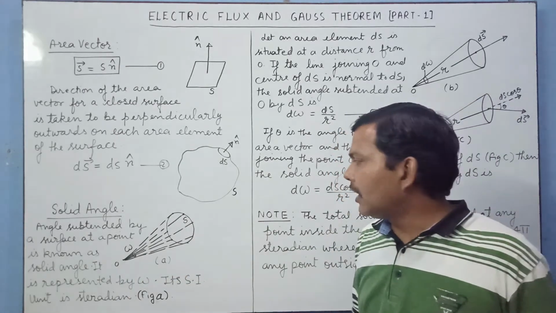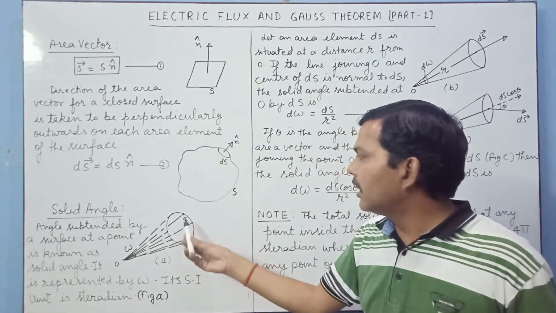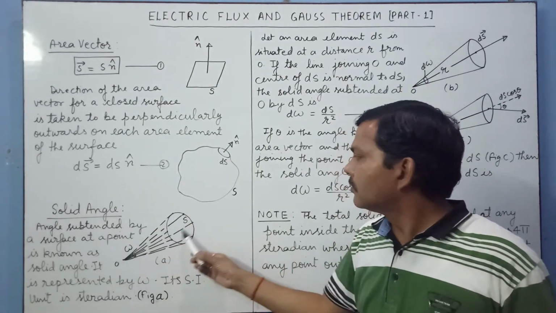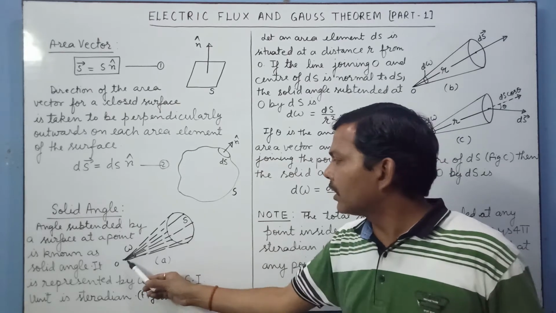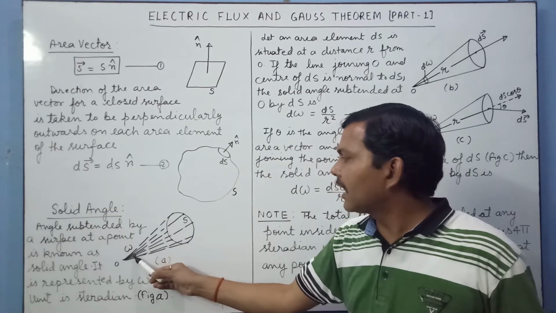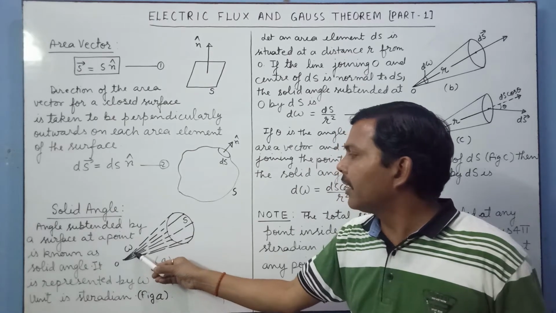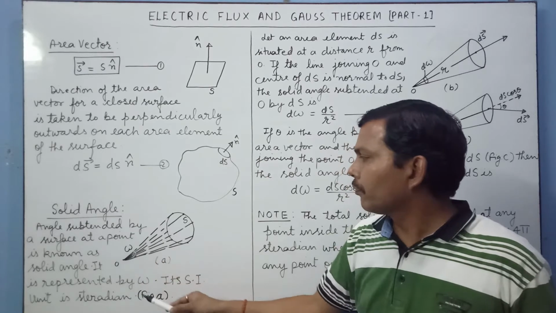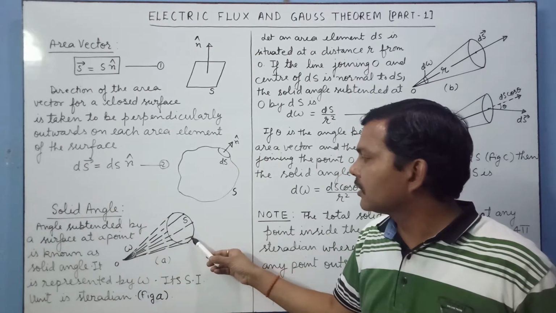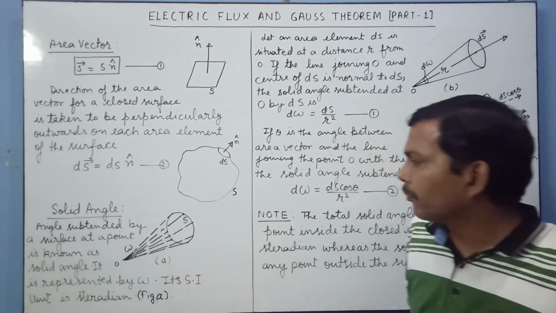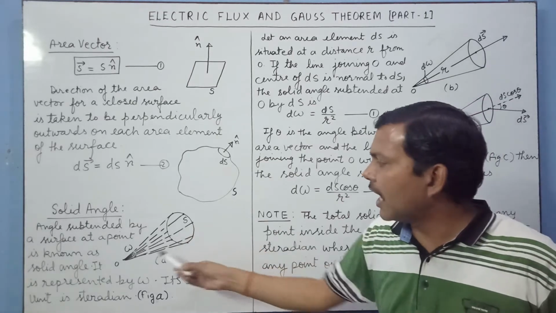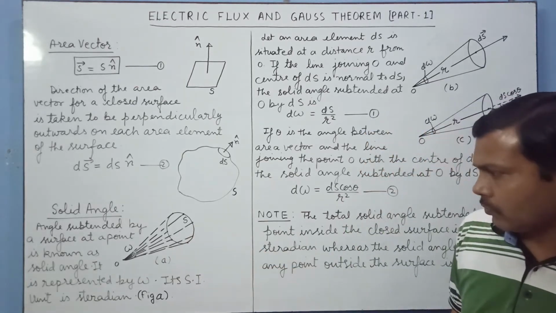Now to obtain the solid angle of this surface, we have joined the boundaries of this surface by O. All the boundaries are joined by O. Then you will get an angle of cone shape at point O, and that is obtained by joining all the boundaries of this surface and is known as omega. It is the solid angle subtended by this surface capital S at point O.